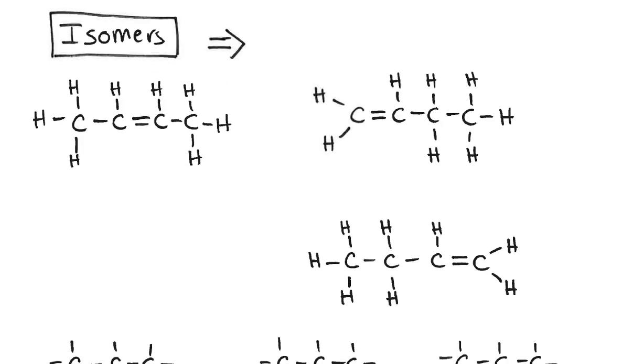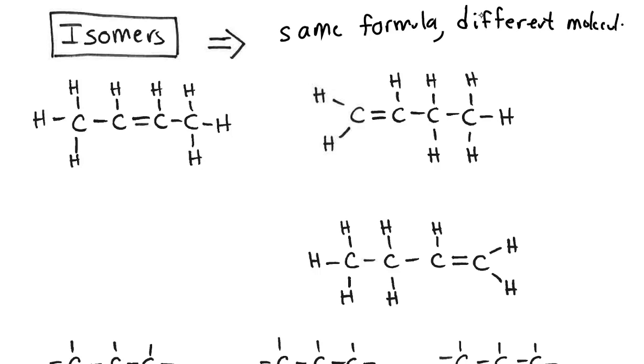Isomers are molecules with the same formula, but they are different molecules. So in other words, molecules with the same formula do not have to be the same molecule. If they are isomers, they are different molecules.